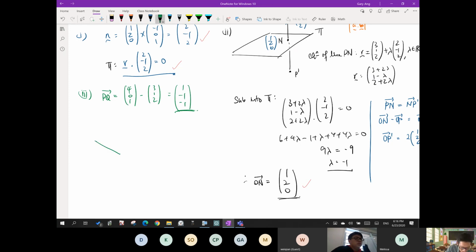So in short, if you were to draw the diagram one more time, it looks a bit like this. That's the P, that's the Q. What you want is actually this. And you also notice that the normal is over here. So if you complete the right angle triangle, this length is what you're looking for.